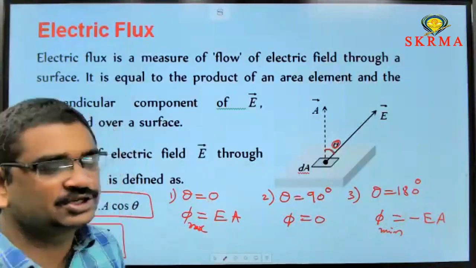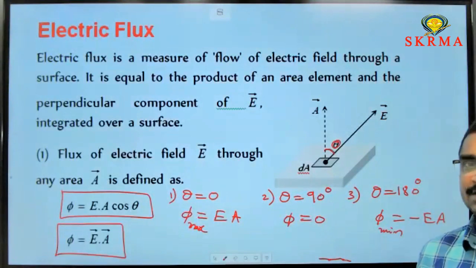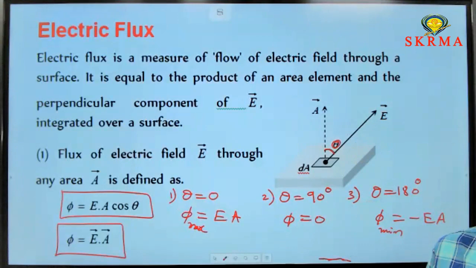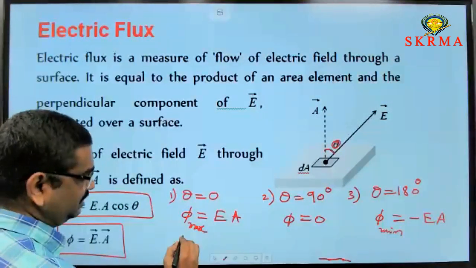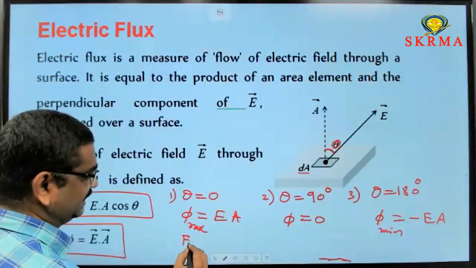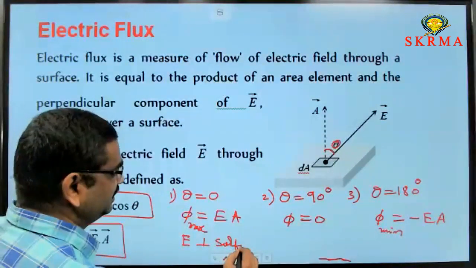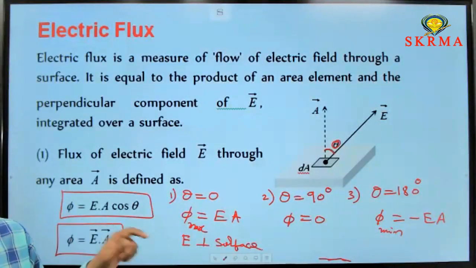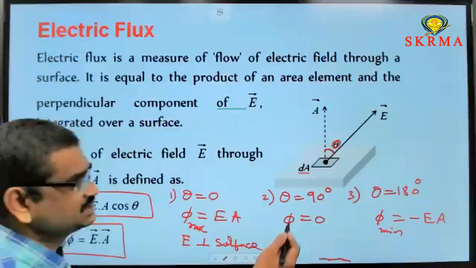Theta equal to 0 means the area vector and electric field are parallel. Or we can say that the electric field is perpendicular to the surface.